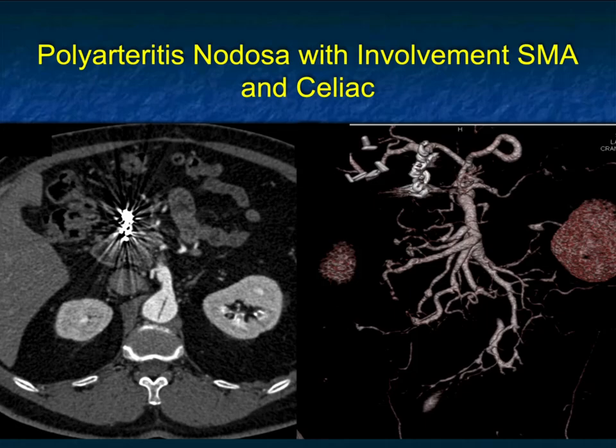Here's a second case of polyarteritis nodosa, prior coiling by the GDA. But you can see the patient has a dissection in the aorta. You also can see multiple tiny aneurysms involving branches of the SMA and branches of the celiac artery.